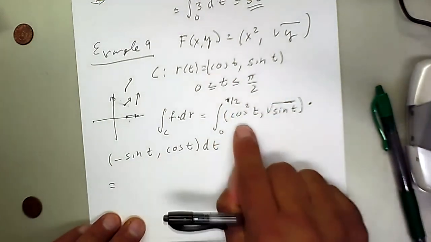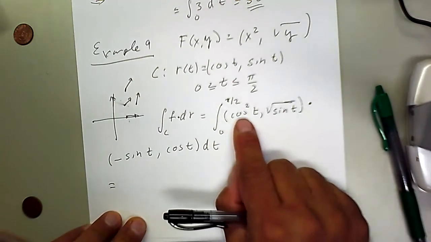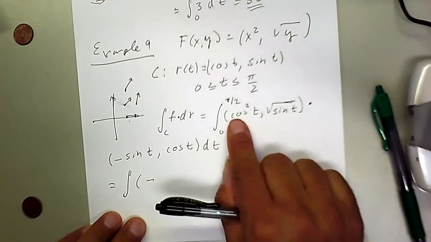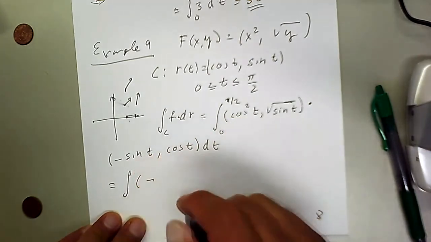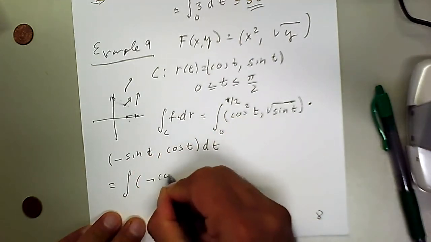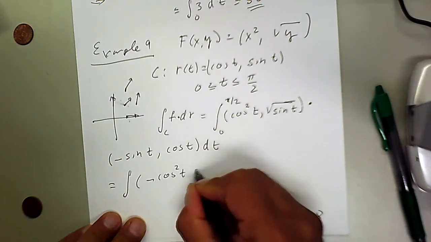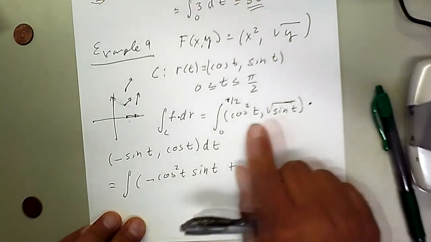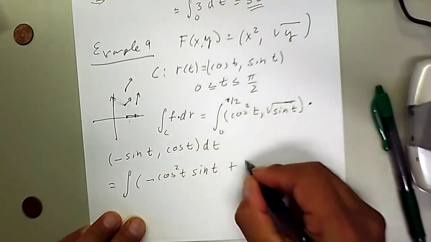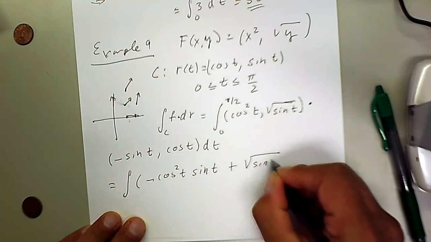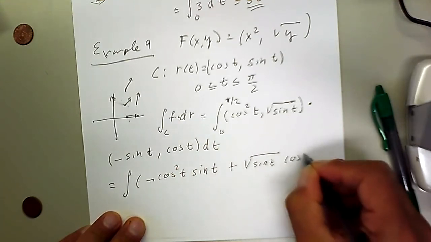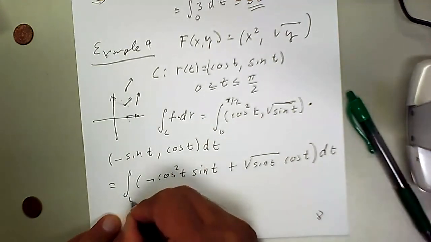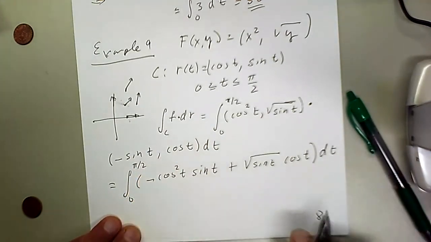Okay, so that product gives us the integral of negative cosine squared t sine t plus the product of those two, square root of sine t cosine t, close parenthesis, dt from 0 to pi over 2.